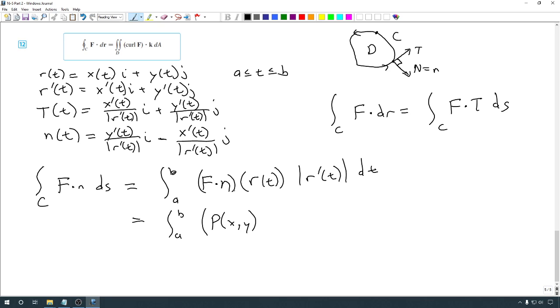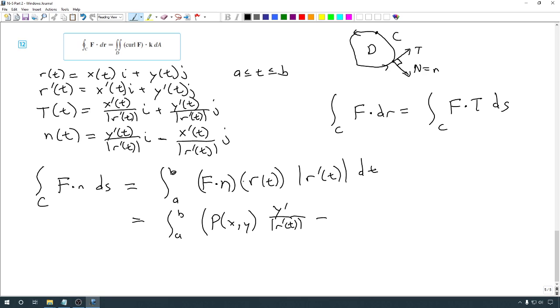So we have this y prime over the magnitude of r prime. I'm not going to denote the x and y here as being functions of t, just to make it a little simpler to read.